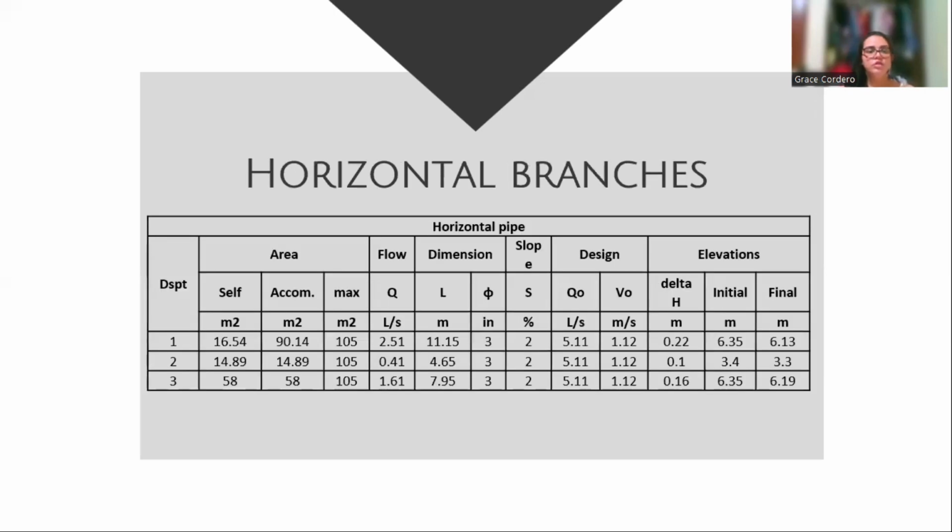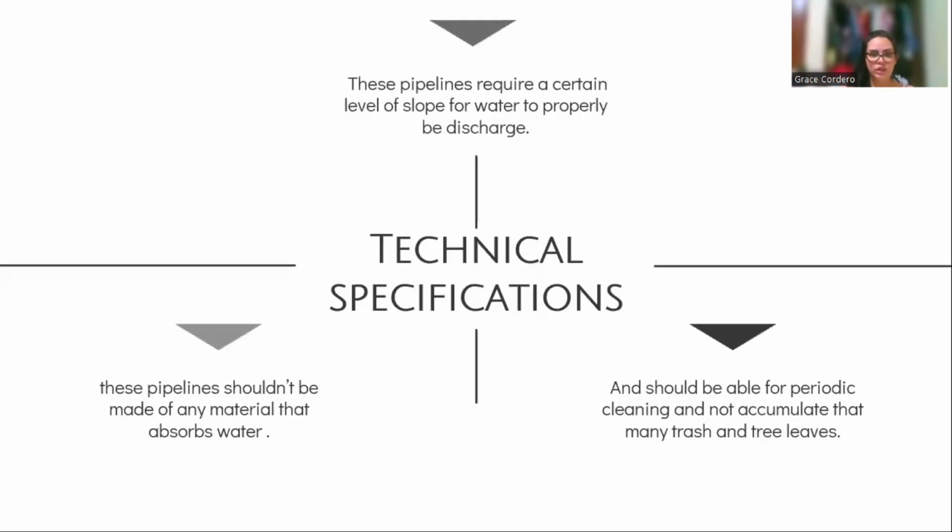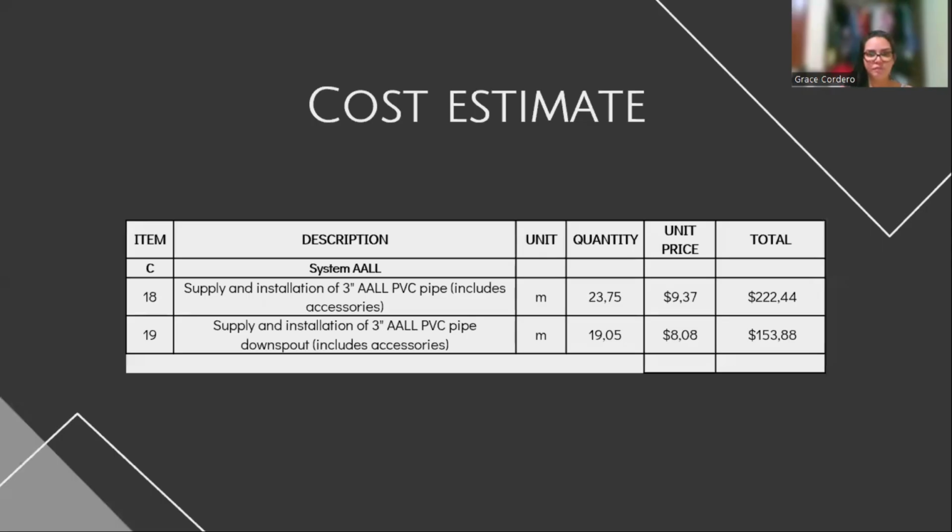For horizontal collectors, many tables were used and a slope of 2% was considered. Technical specifications: these pipelines require a certain level of slope for water to be properly discharged and shouldn't be made of any material that absorbs water, and should be able to be periodically cleaned and not accumulate trash and tree leaves.